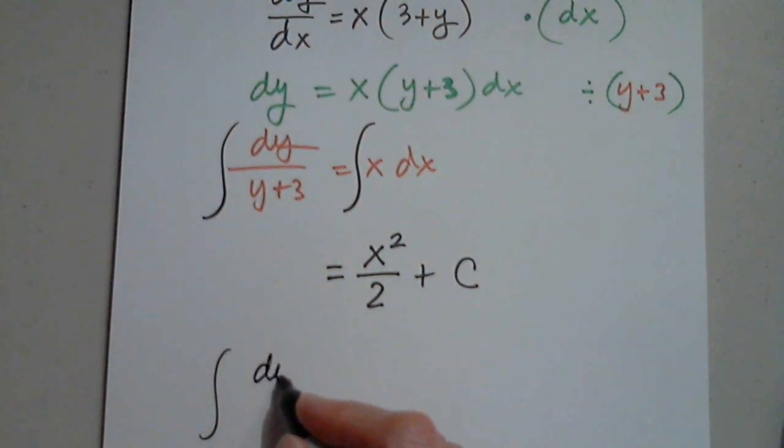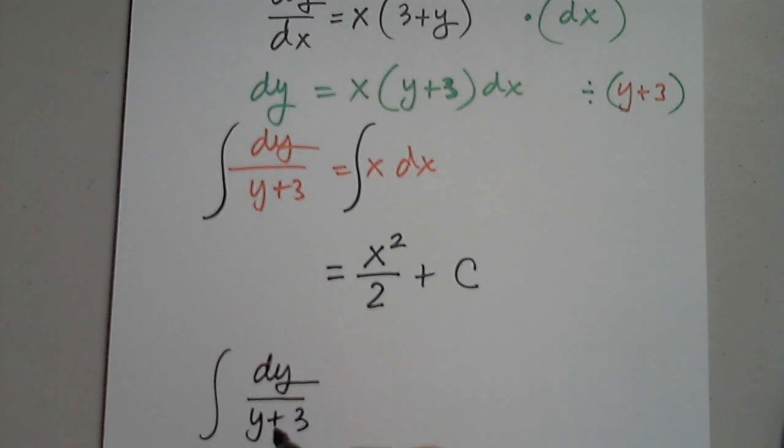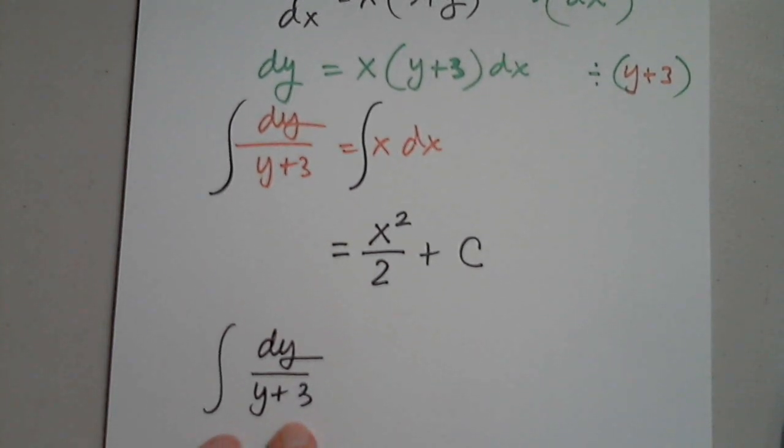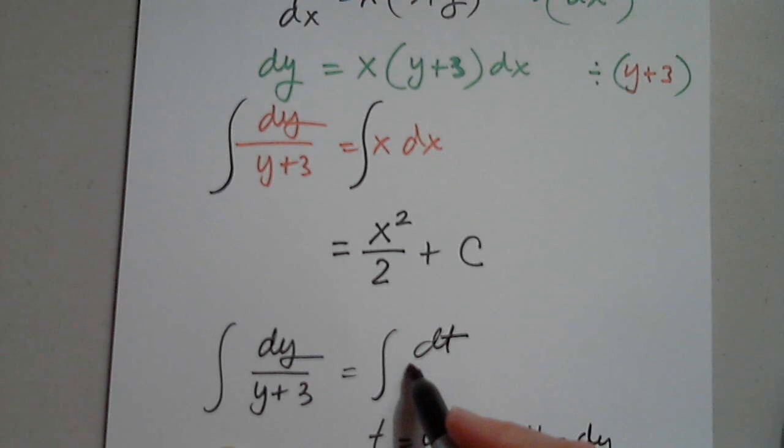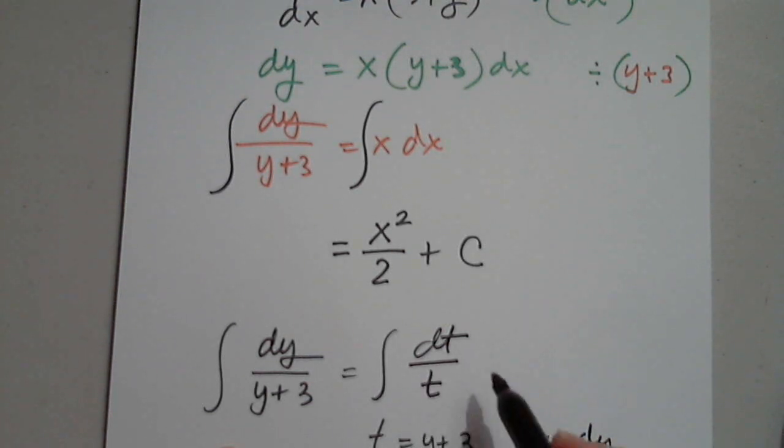So the integral from dy over y plus 3, I have to use a substitution. I will say let t be y plus 3, and dt equals dy. So then the integral becomes dt over t. Then I'll replace it.